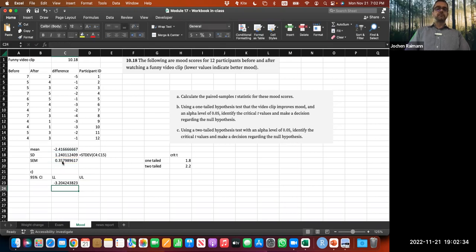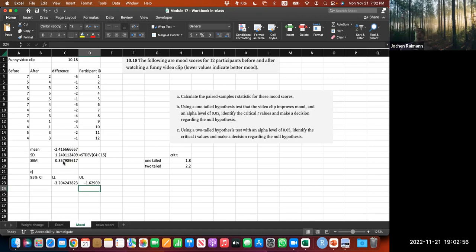And conversely, we calculate the mean difference plus 2.2 multiplied by the standard error of the mean, which gets us to minus 1.63.